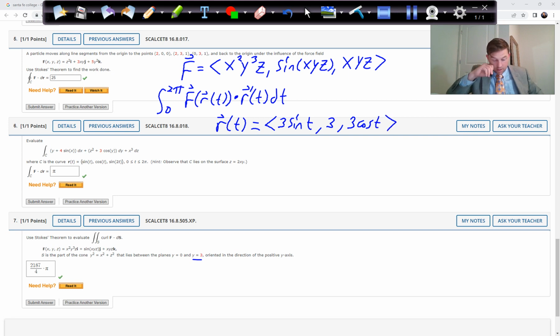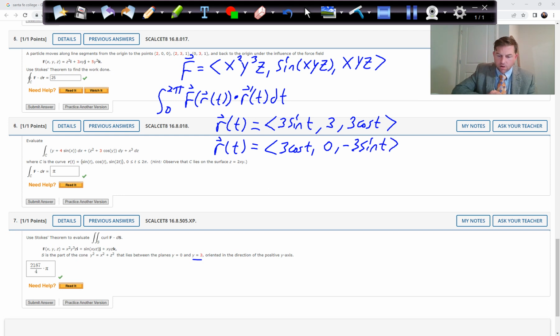So because the circle lies in the xz plane, we assign 3 cosine t to z and 3 sine t to x. And then the derivative isn't too bad. We would have 3 cosine t, 0, and minus 3 sine t.